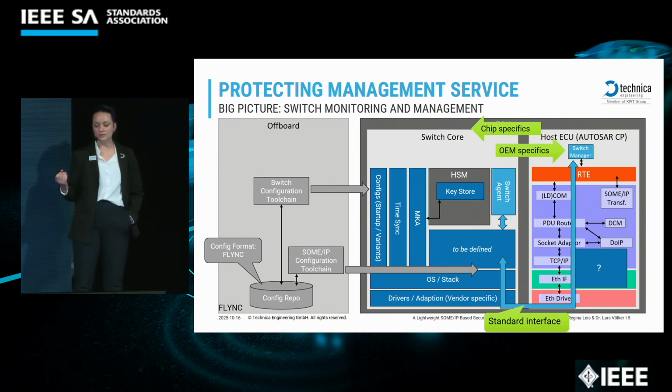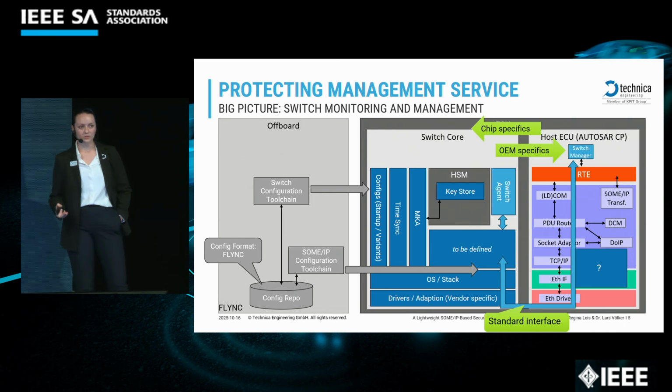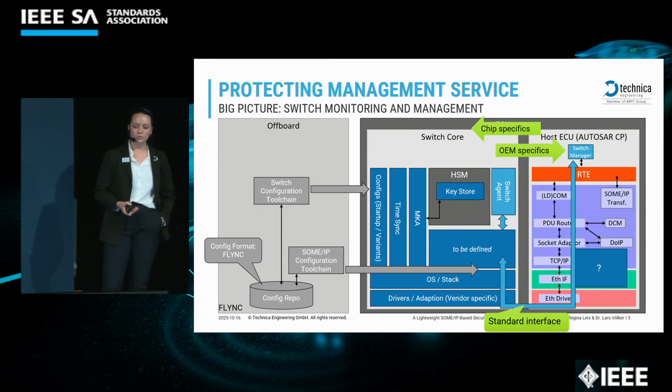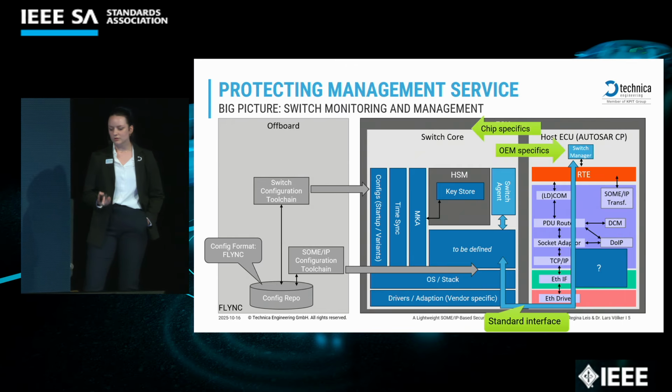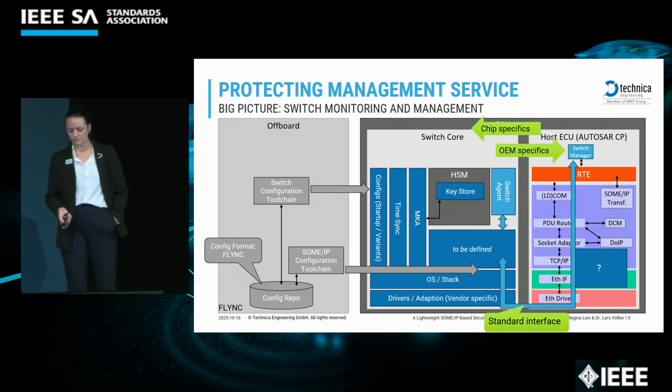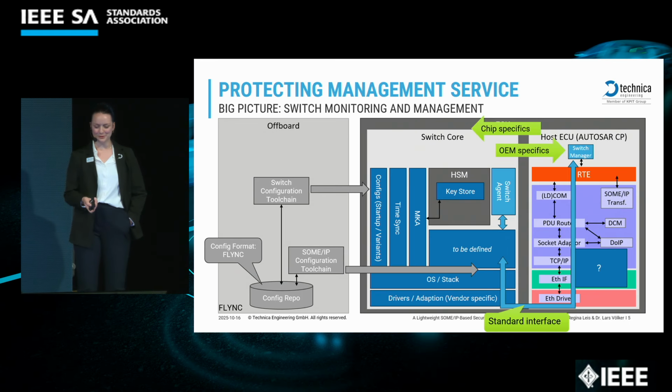In this example, we are showing a host ECU with an AUTOSAR Classic platform. Inside, we have a switch manager that is communicating with some type of switch agent inside of the switch with a protocol that is not yet defined, at least for the standard.